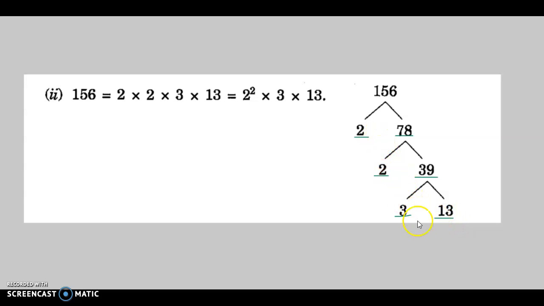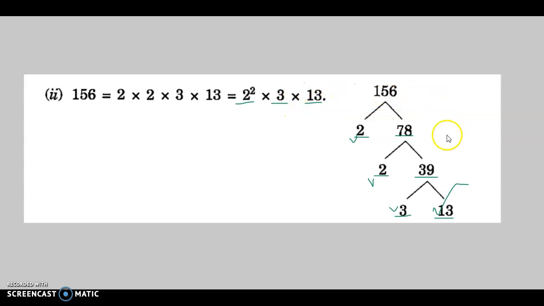So all the numbers have become prime, and hence the prime factors of 156 is 2 into 2 into 3 into 13, from which you can derive 2 square into 3 into 13.